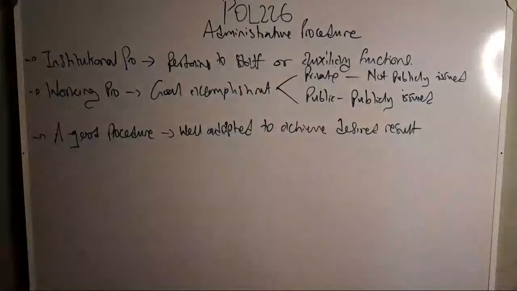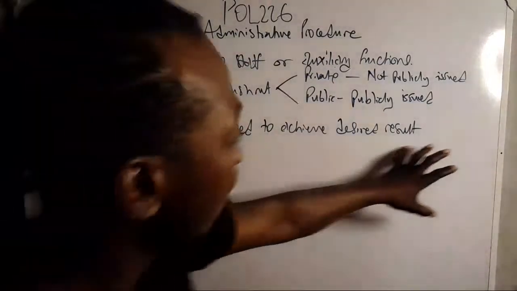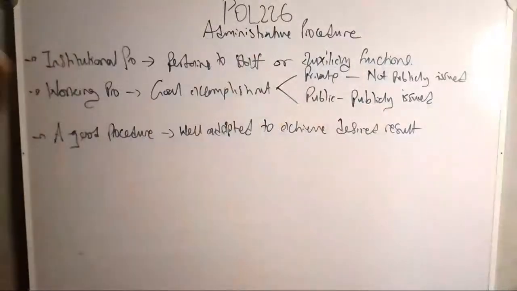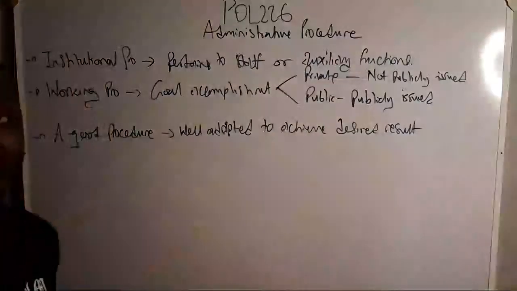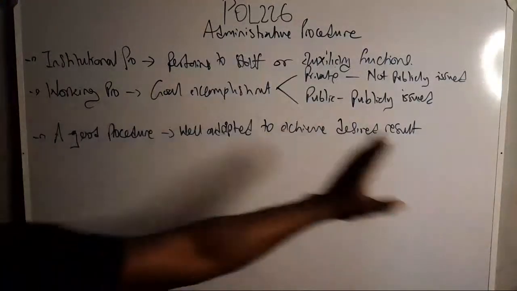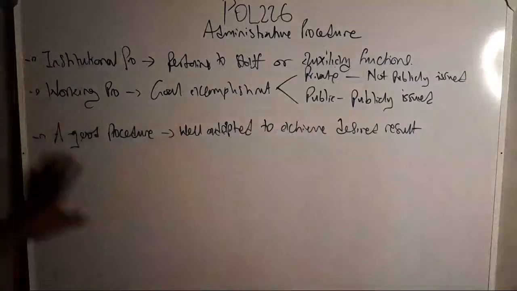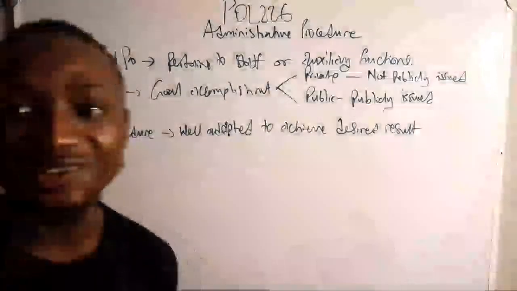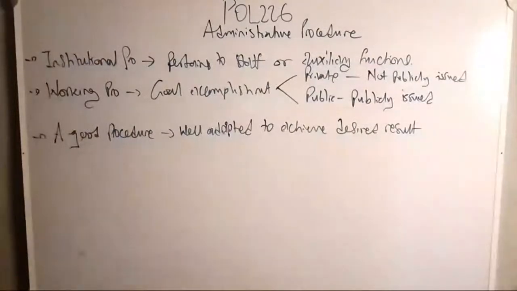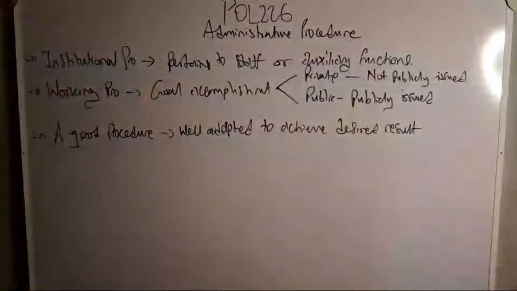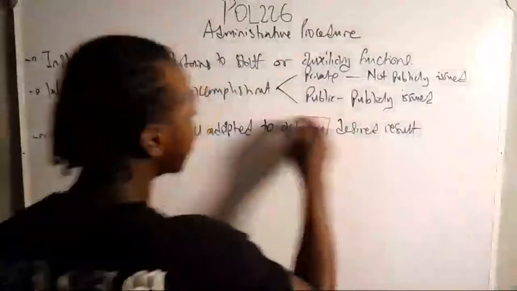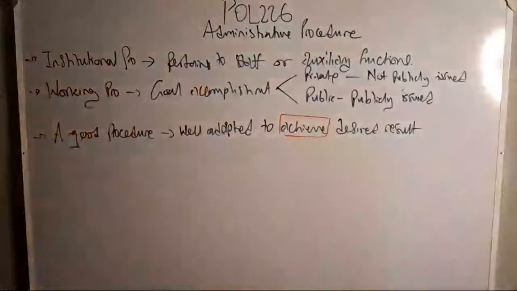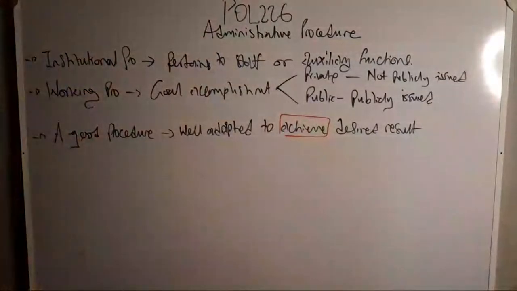We can say a procedure is good if it has achieved its aim. Don't forget that everything, be it law or procedure, is to help the organization achieve its goal. So if the goal of an organization is being achieved, that means the procedure they use in achieving it is a good one. That's why we need to underline the keywords here: well adapted to achieve the end result, goal oriented.